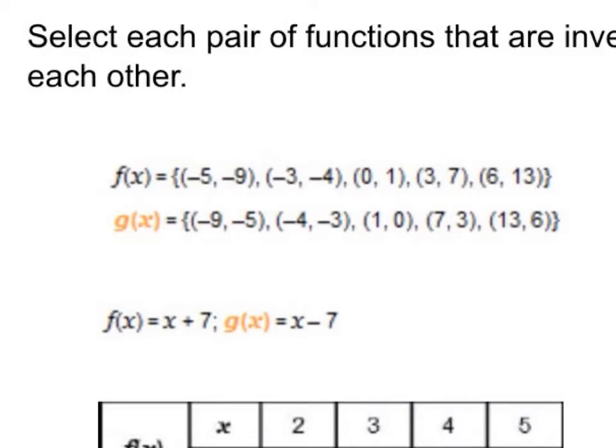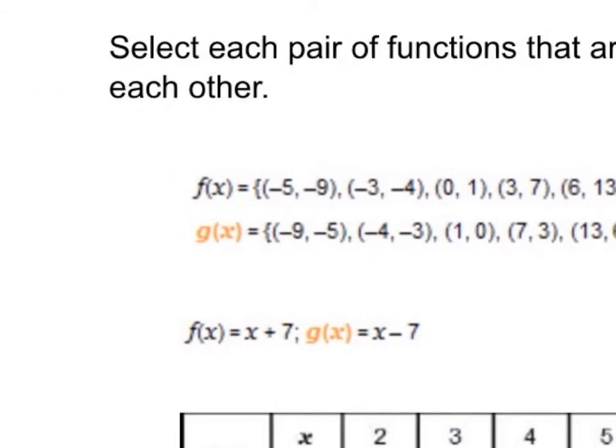G has that corresponding point negative 9, negative 5. So what you have to see here is that these are opposite points. The x and y values have been switched. And that occurs at these 2 points, these 2 points, and these 2 points. So these are inverses.